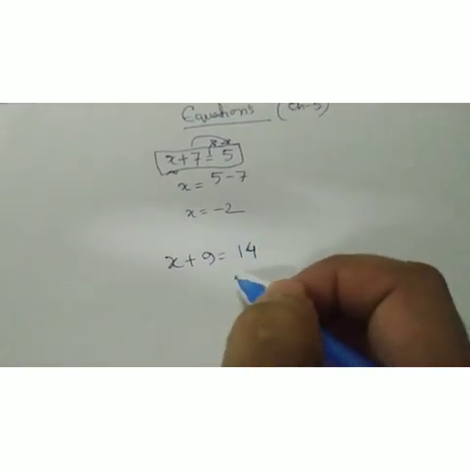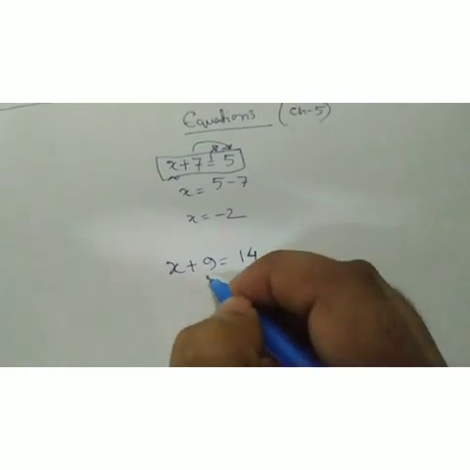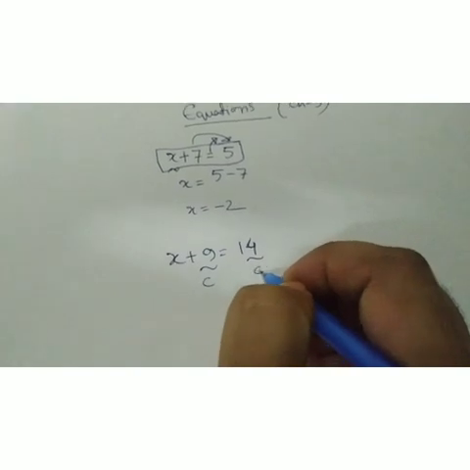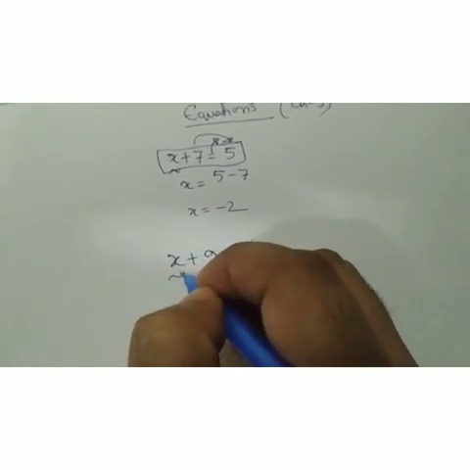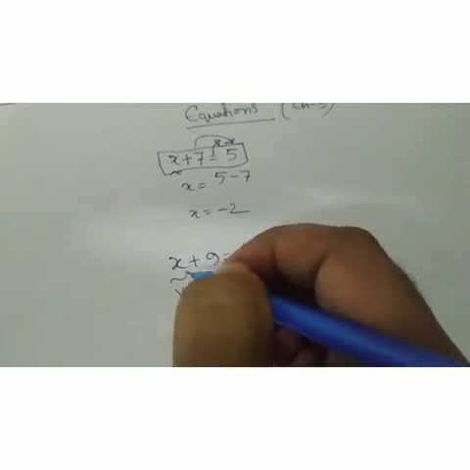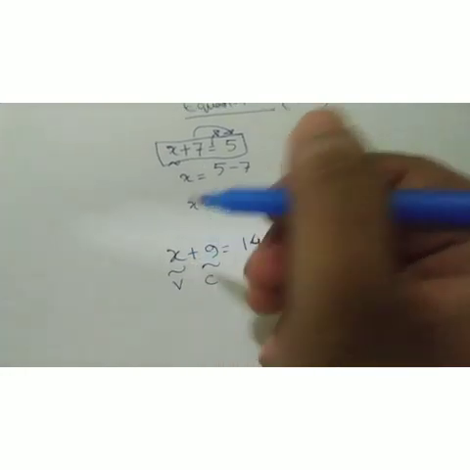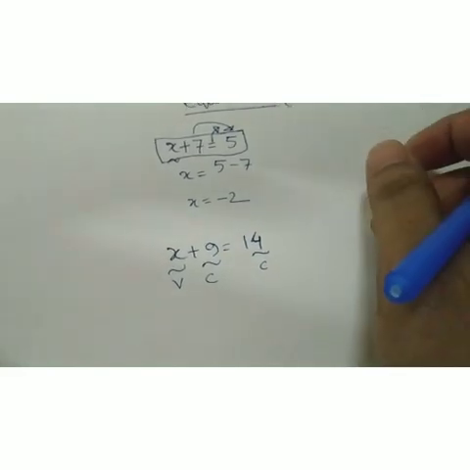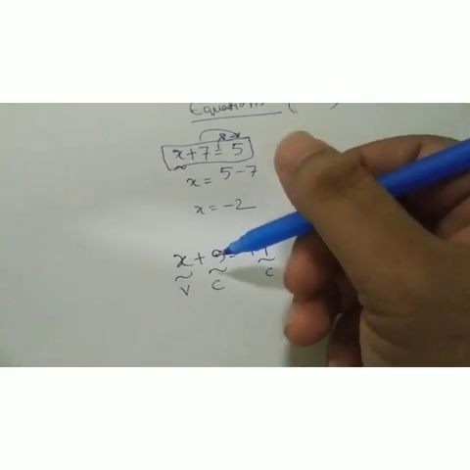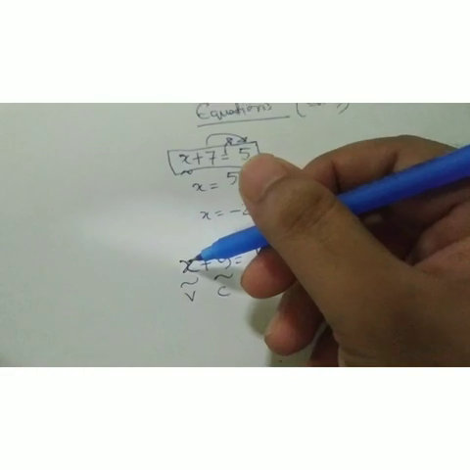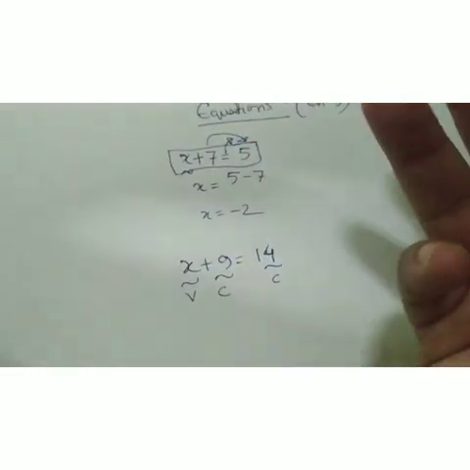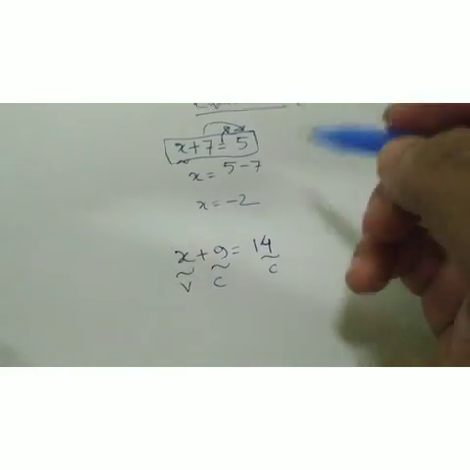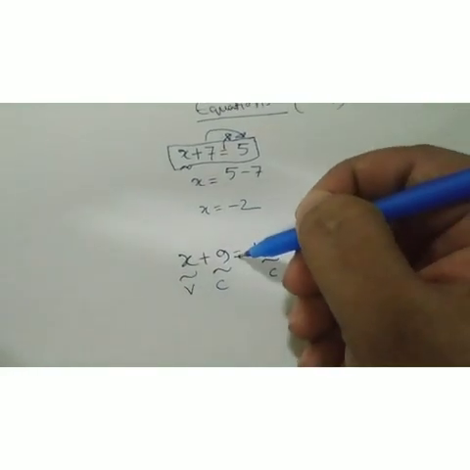An equation will have, first of all, a few constants. These are constant values, and this is a variable, right? You already know what a variable is, like x, y, a, b, c. These alphabets are usually termed as variables. So an equation will consist of one variable, or maybe more than one variable, 2, 3 variables, doesn't matter, and it will have an equal sign.